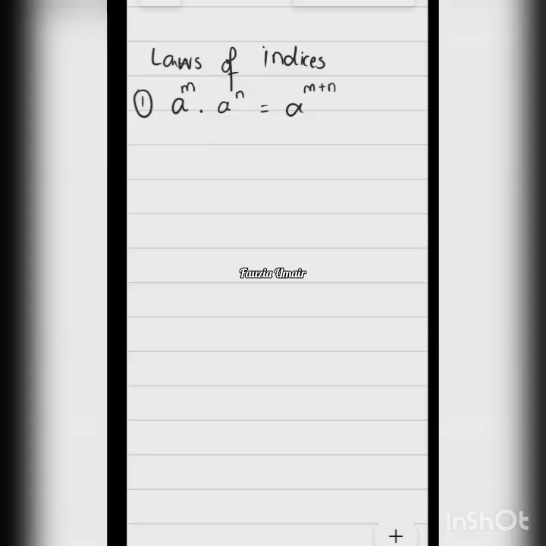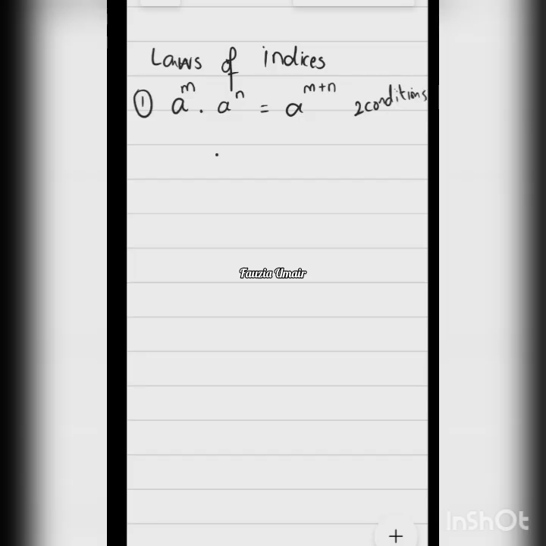First law is that if the base is same and there is a multiplication sign, so just two conditions. You can say for the first law of indices, there are two conditions. If these two conditions are fulfilled, so then you can apply the law. What are the conditions?